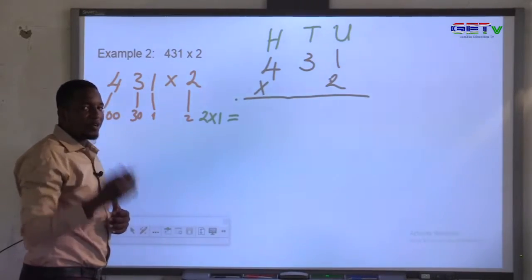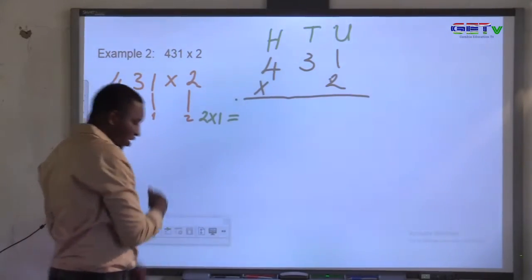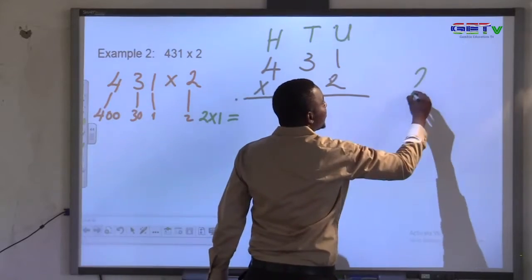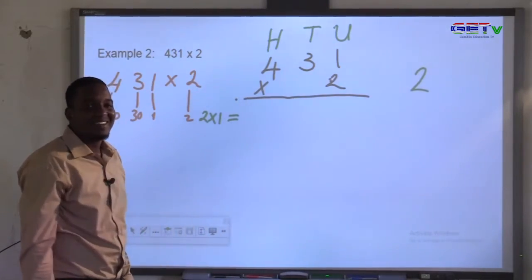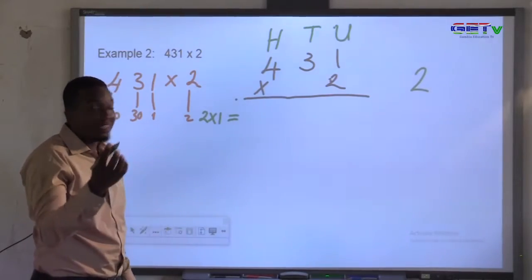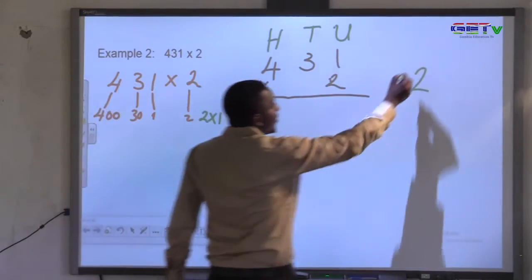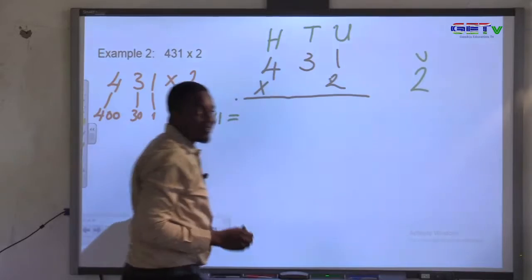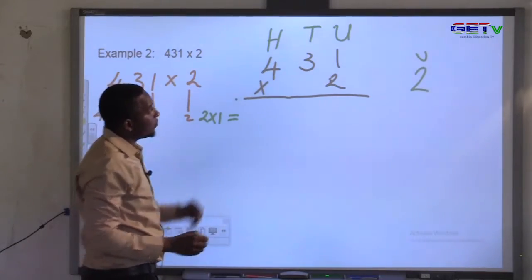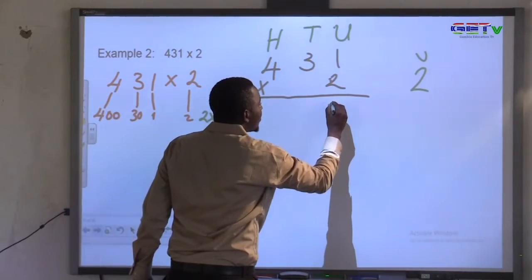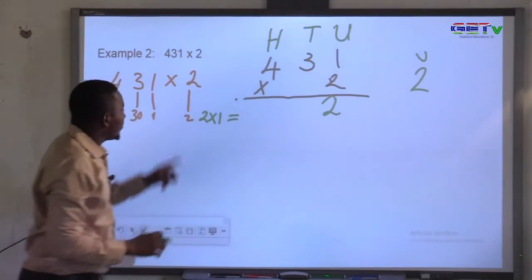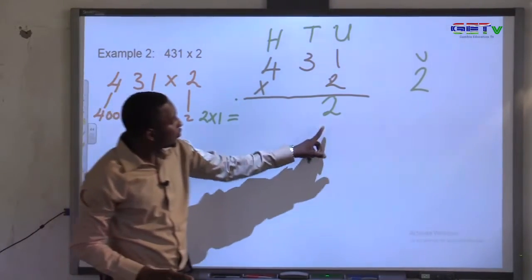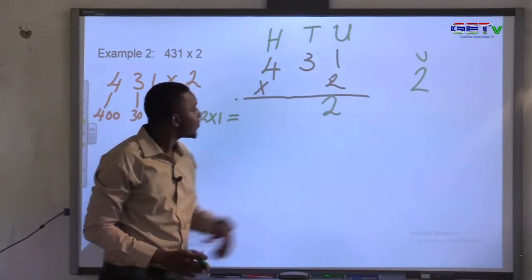Wow, I know you already know the answer. 2 times 1 is 2. Woo! 2 is just a single digit. That makes life easy because 2 will be a unit. So we are going to write 2 under the unit column. 2 times 1 is equal to 2, and we put it under the unit column.